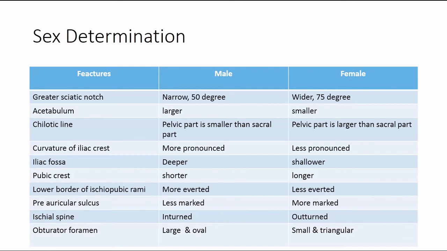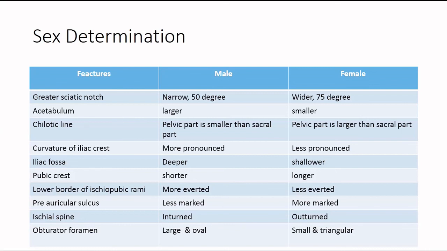Iliac fossa deeper in male, shallower in female. Pubic crest shorter in male, longer in female. Lower border of ischiopubic rami more everted in male, less everted in female.